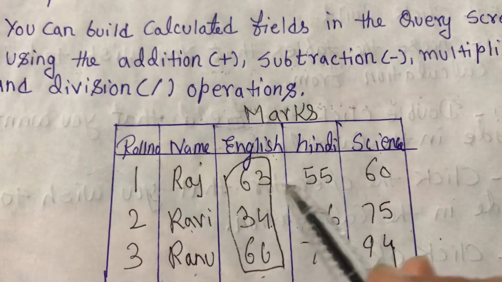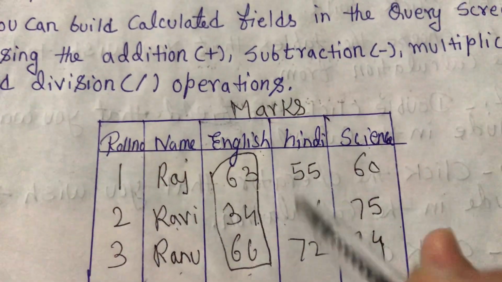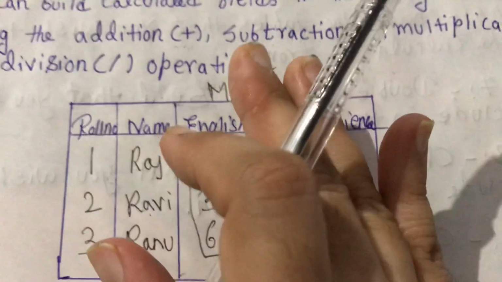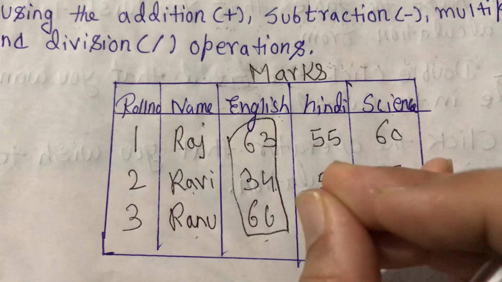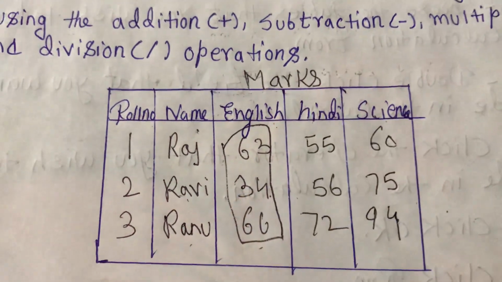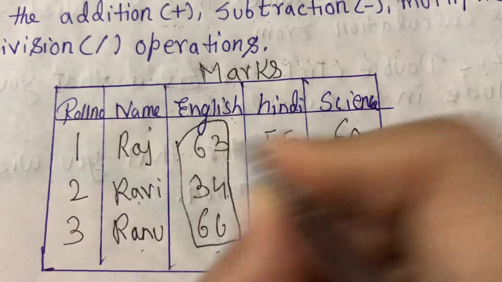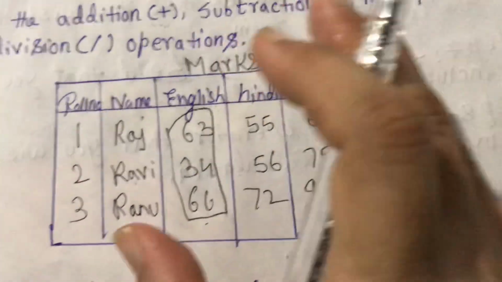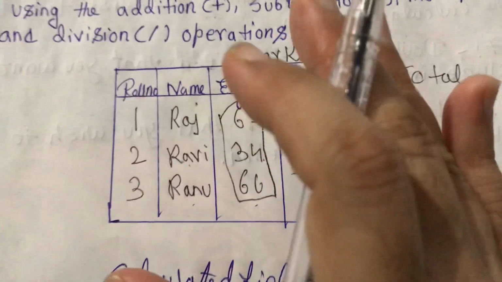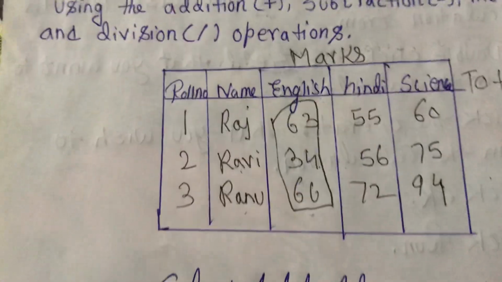So we can perform the function on these fields in a database to come up with a completely new field. What is the new field? That is the total of these marks. This is a new field, the calculation of a new field.